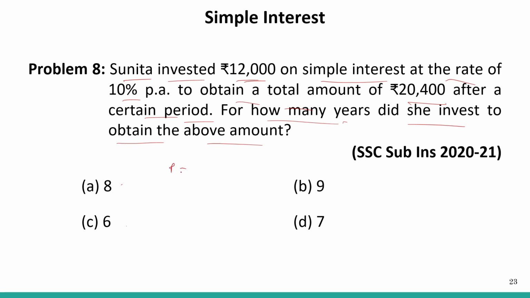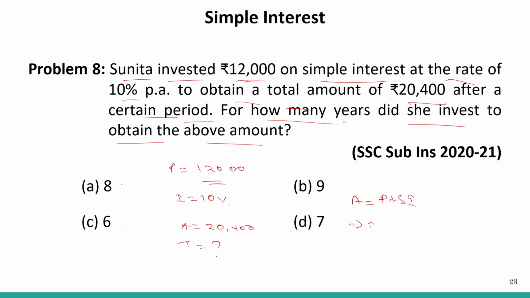Okay, here P is given as 12,000, right? And interest rate R is equal to 10%. Okay, so the total amount obtained is equal to 20,400 after a certain period. So T is unknown here. Okay, so A is equal to P plus SI, right?